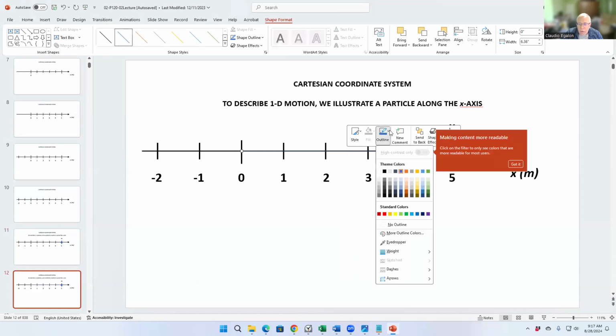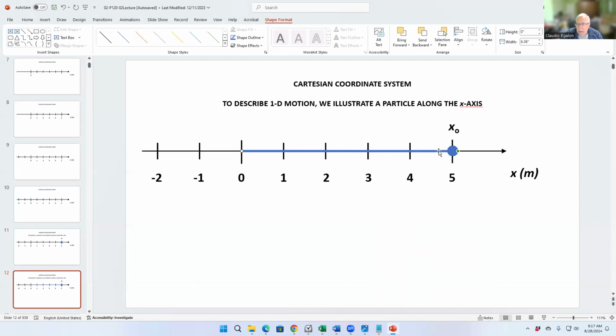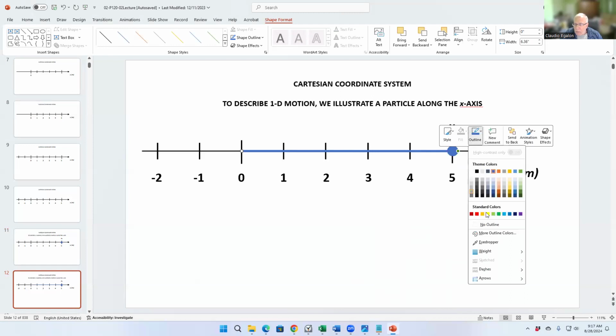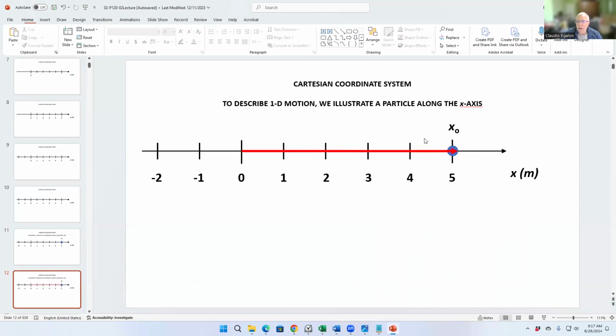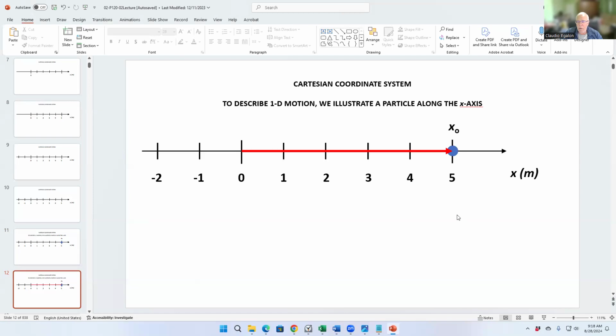I want to put it in a different color so you can see, red color. Okay. So what you see here is the very concept of a vector.